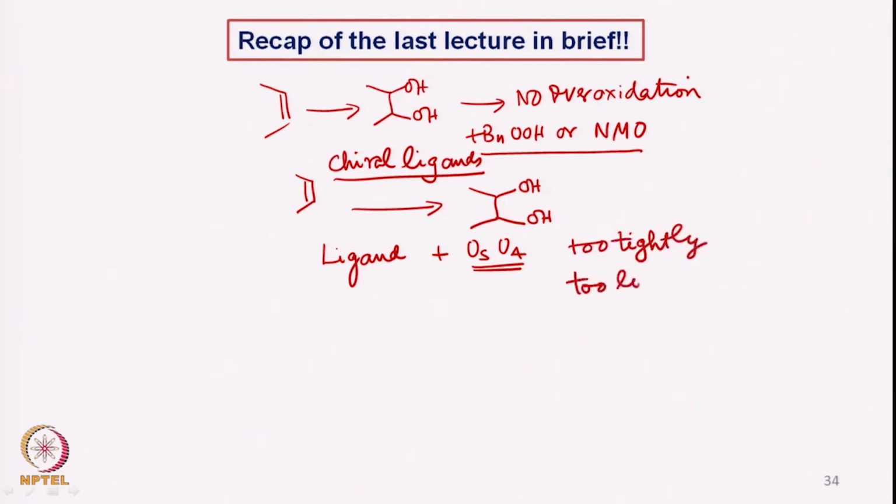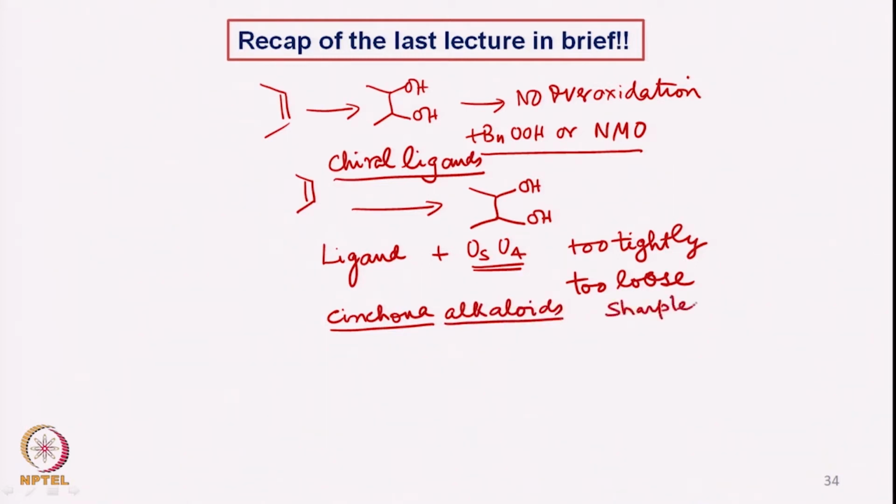In either case there should not be any advantage, because if it is too tightly bound then we have to use a large excess of the ligand, and if it is too loosely bound then of course the enantiomeric purity will be low. In that respect it was found that cinchona alkaloids were a good compromise between the two, and it was used for the purpose of dihydroxylation by Sharpless.